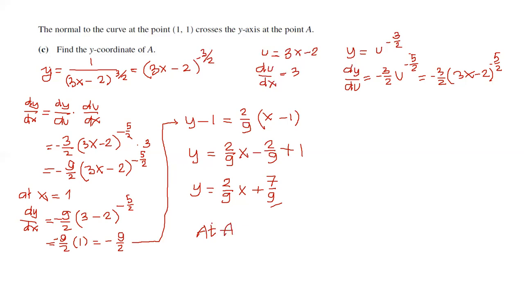At A, y equal 7/9. So the solution is 7/9. This one. Coordinate of A, 7/9, 7 over 9.